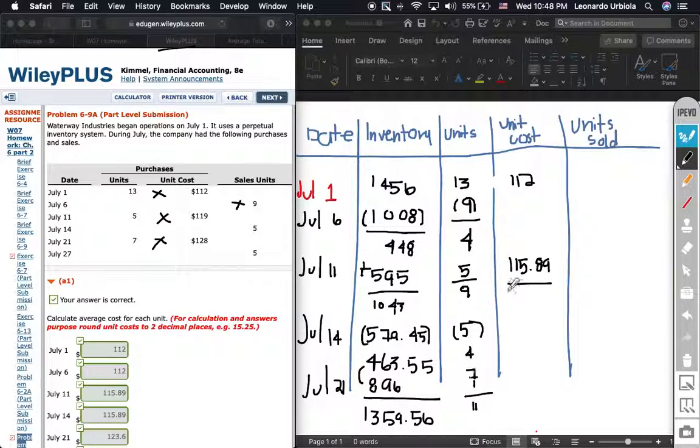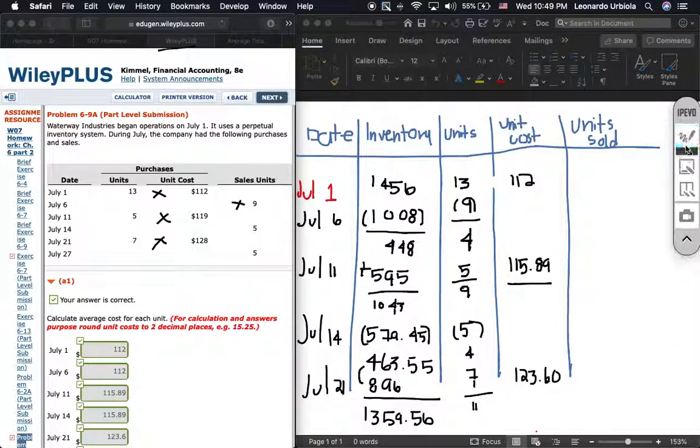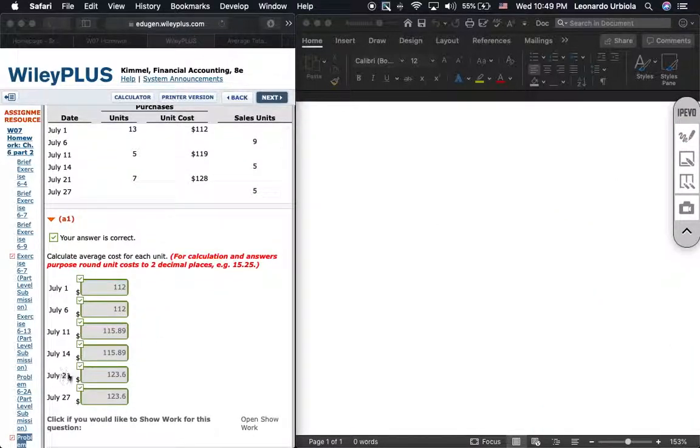Okay, so in order to calculate the unit cost, we need to divide 1,359.56 by 11, and we will have the total amount of 2. Now that's the amount that we are going to record here on the 21st and 27th.